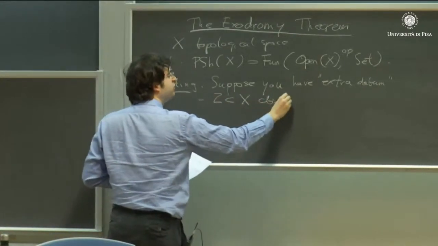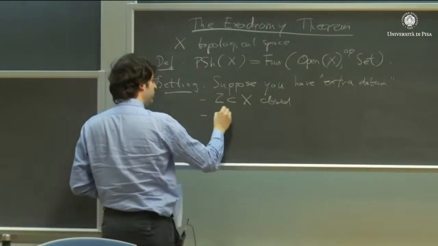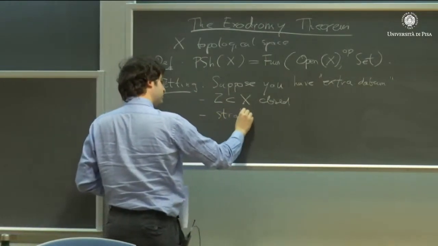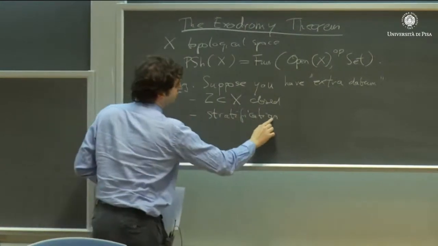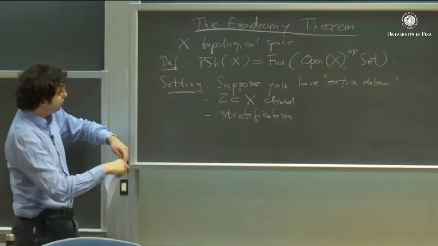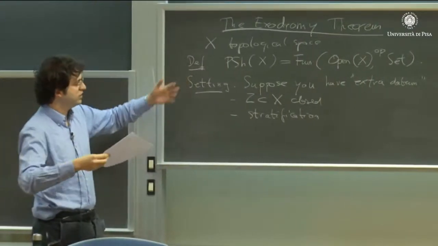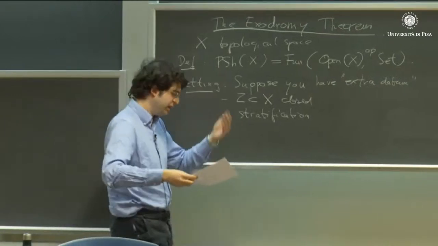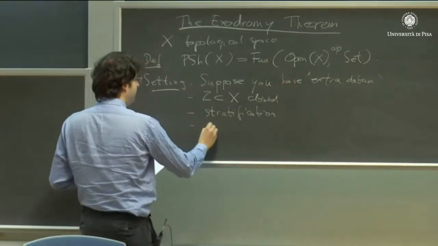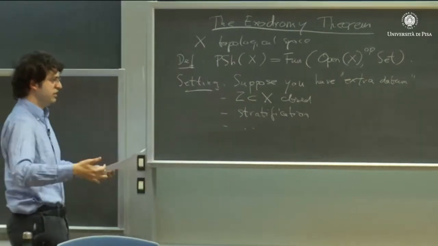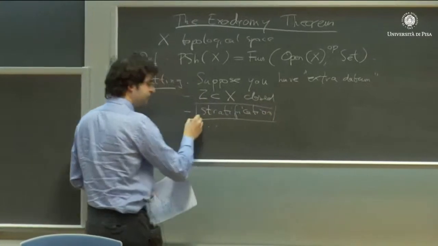This is extra datum with respect to the original thing. Or what is called a stratification. Stratification is in some sense a generalization of this. It's a partition of your topological space into smaller spaces. Again, I will give the definition later. Or other things, a group action, so extra datum. What we will be interested in is this one.